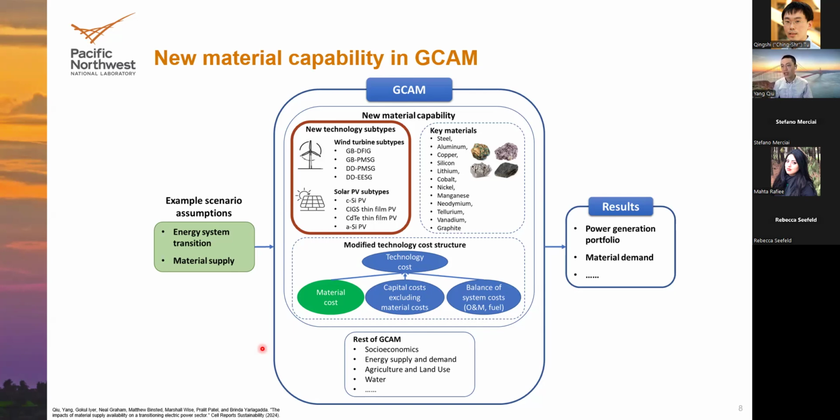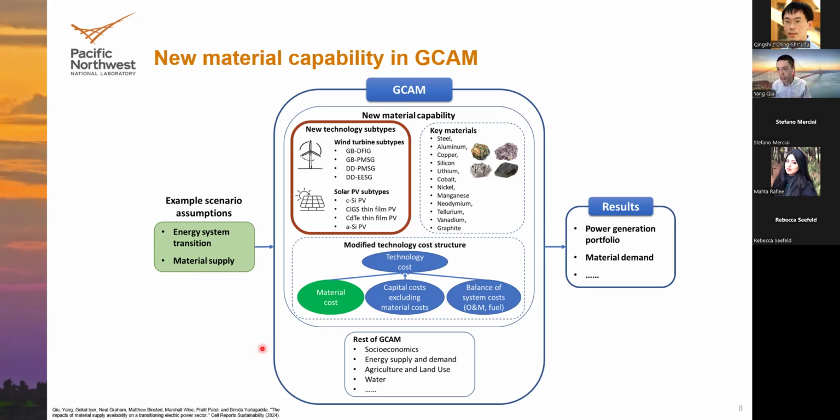Because in the previous version of GCAM, the electricity generation technology is relatively generic.